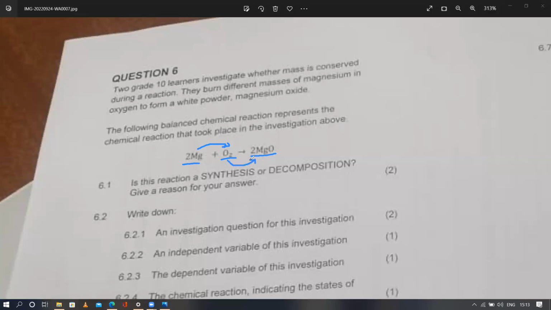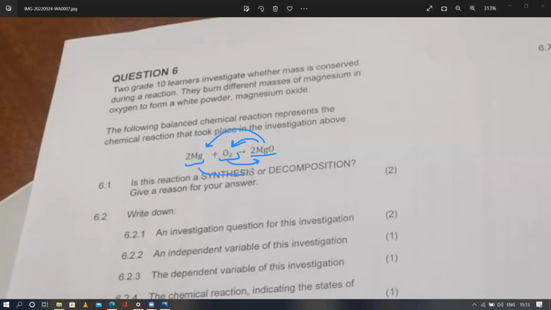If it was a decomposition reaction, this would be your reactant, and these would be your product. But since it's synthetic, these two are your reactants, and this is your product.